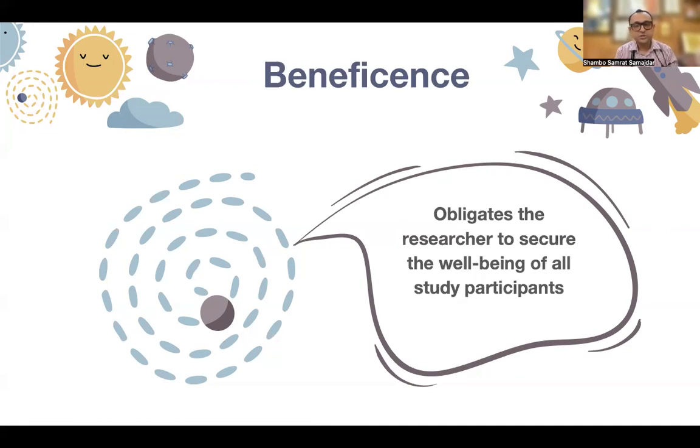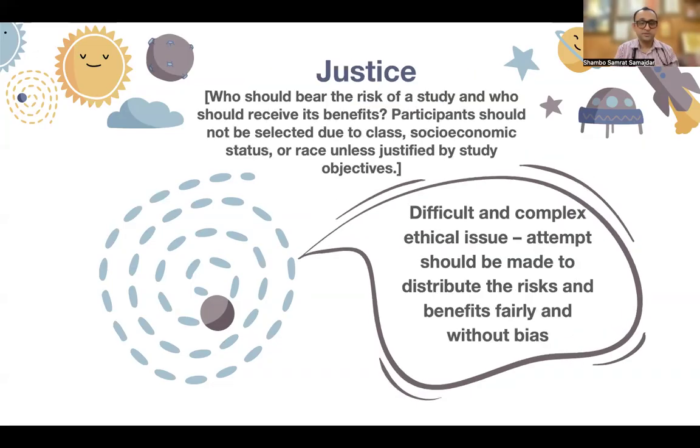Next, beneficence. It obligates the researcher to secure the well-being of all study participants. And then justice. Yes, it is a difficult and complex ethical issue, but our attempt should be made to distribute the risks and benefits fairly and without bias.